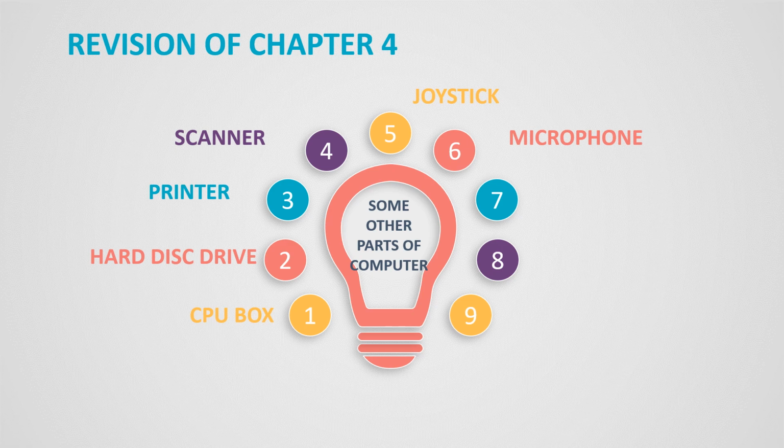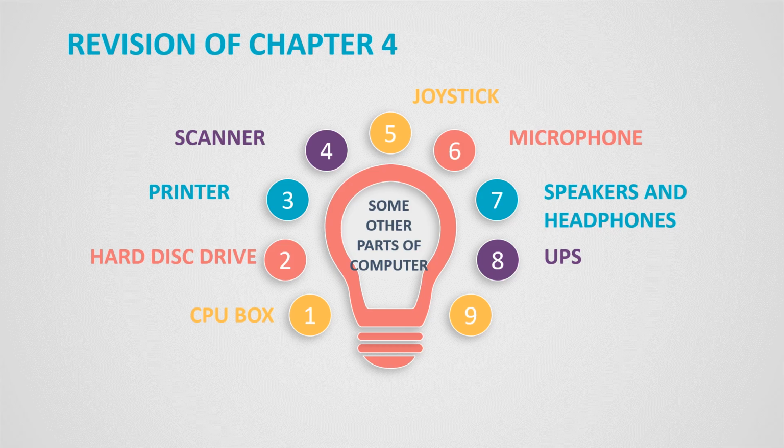Number 7 is speakers and headphones. Speakers are used to listen to recorded songs, voice, speech and sounds on a computer. But if you want to enjoy the music alone without disturbing others, then use headphones. Number 8 is UPS. UPS stands for uninterrupted power supply.